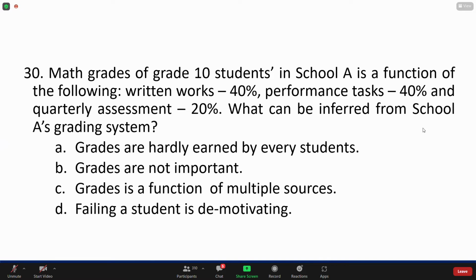What can be inferred from school A's grading system? A, grades are hardly earned by every student. B, grades are not important. C, grades is a function of multiple sources. D, failing a student is demotivated.